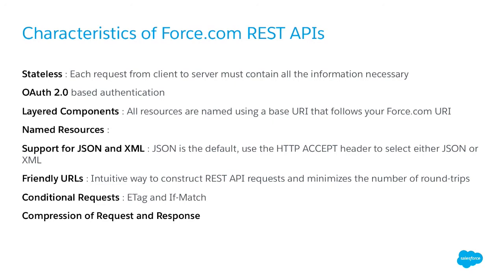Plus, if you have a very large payload, it supports compression both for the request and the response. You can do compression either way, or you can say, hey, I want gzip compressed files going, or the payload has to be gzipped and the response has to be gzipped as well. All this is supported out of the box.